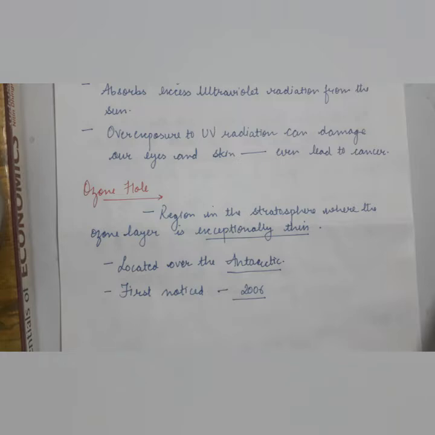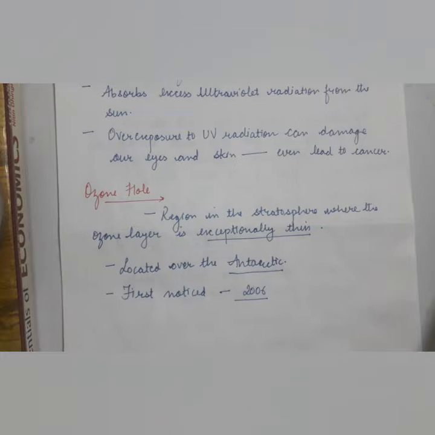It is the concentration, you can say, it is getting less of ozone, and it is located over the Antarctic part of the earth. Next, it was first noticed in 2006, but it has started very earlier. Okay, but when we noticed it, it was quite late, but now it has been observed that the stabilization of ozone hole is being observed.